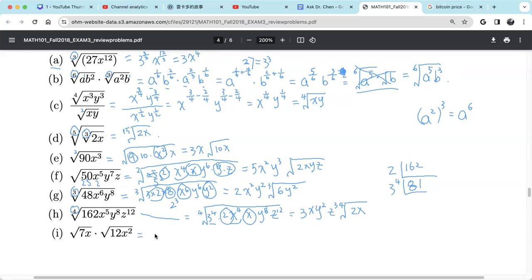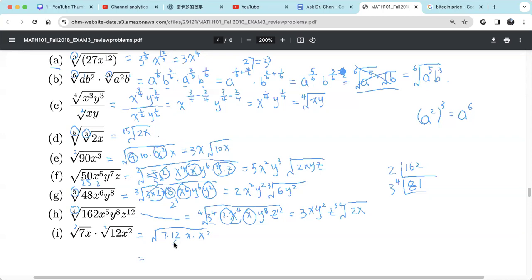Let's see I. We have the square root of 7x times the square root of 12x squared, so both have the same index. So we can put the two together. Actually, it won't change anything, right? But anyway, the square root of 7 times 12, then x times x squared. So we can write both under the same square root sign because the index is the same.